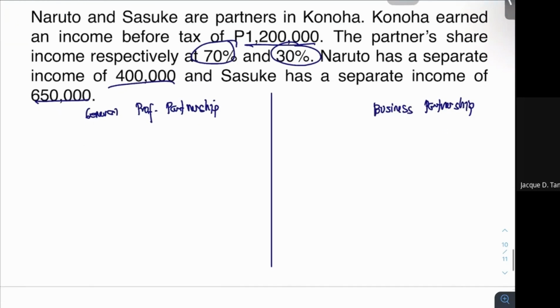Okay. So in a general professional partnership, take note the income first. So partnership income amounting to 1.2 million. We deduct the tax. Since that is a general professional partnership, there is no tax. The income after tax is 1.2 million, and it will be shared by Naruto and Sasuke.